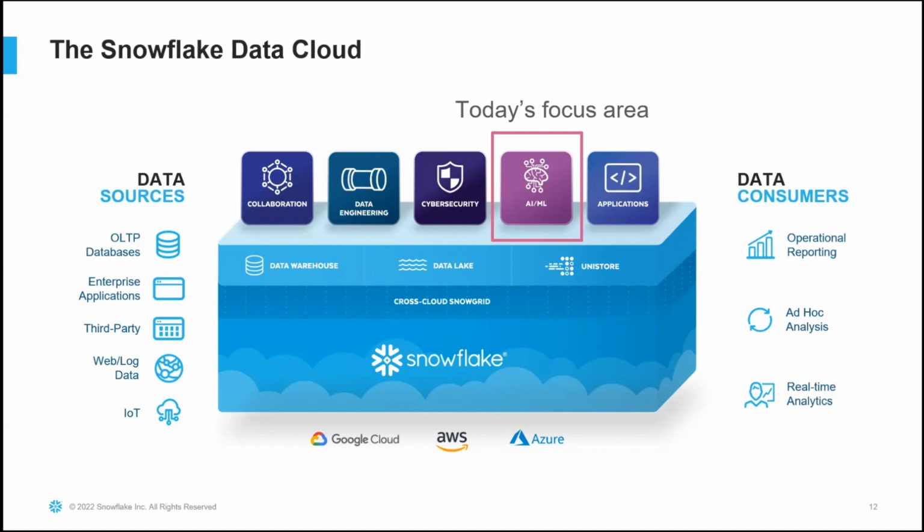Snowflake, given that we operate in the cloud, we are able to take advantage of the utility model of the cloud and offer the utility model of a data platform to our customers. So the way that our service works is you just pay for it as you use it. There's two main components: how much data do you put in and store? So there's a storage component that you pay for. And then the other is how do you run analytics off your data?